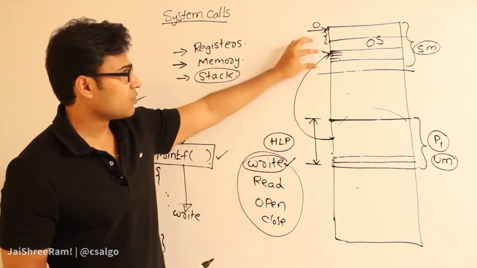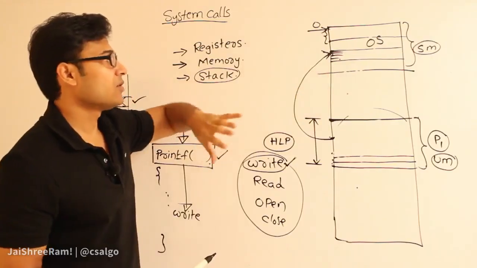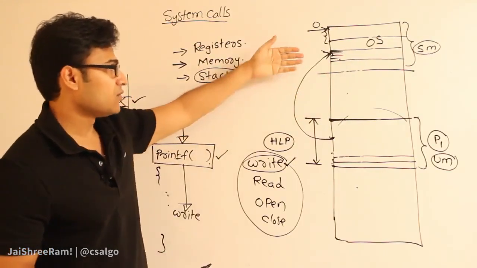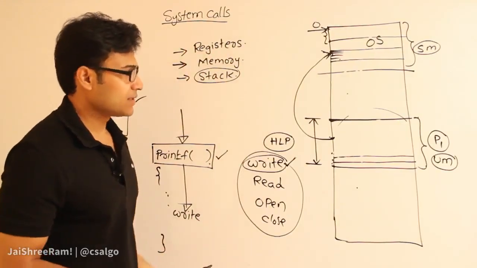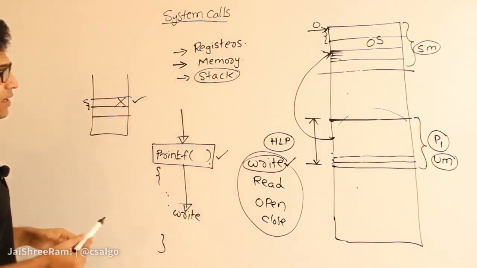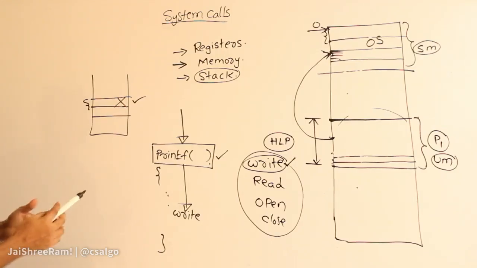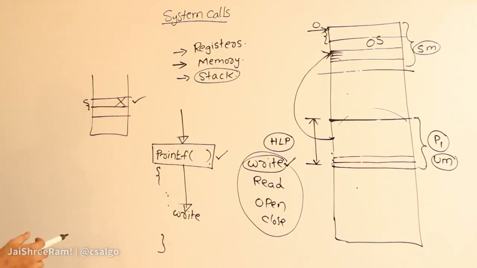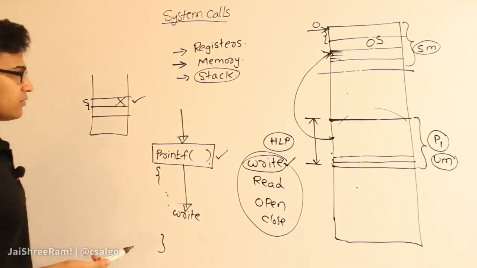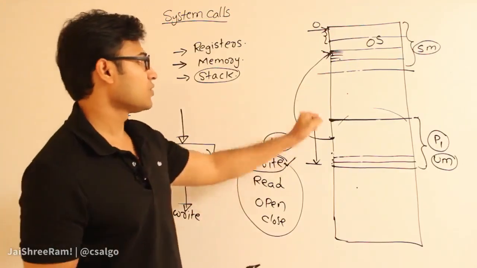And also, since this code is shared by many processes, we want to have some mutual exclusion. Even if you keep it in read mode, we want to have some mutual exclusion, and there are various things there. Okay, so after doing a lot of experiments, they found out that this is the best way to provide access to resources for a user process. If you want any resource, go through the system call.